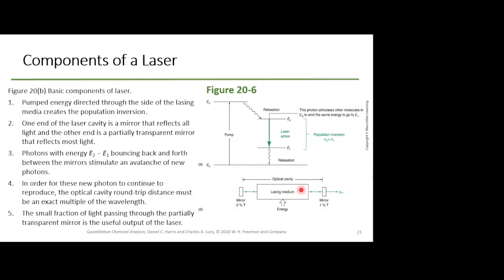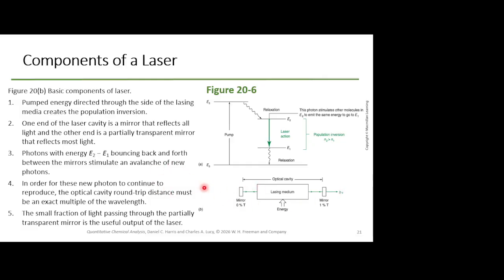Now, some of the important factors here is that the pumped energy directed through the side of the lasing medium is what's going to create that population inversion here. One end of the laser cavity is going to be a mirror that reflects all light. The other has to be a partially transparent mirror. It doesn't necessarily have to be exactly 1%, but 1% will build up the light faster.